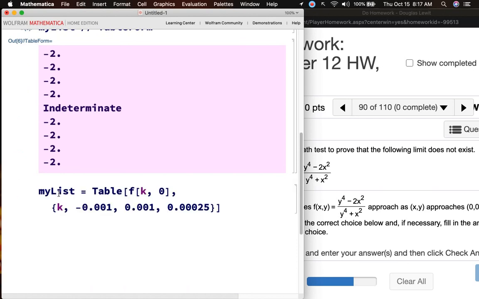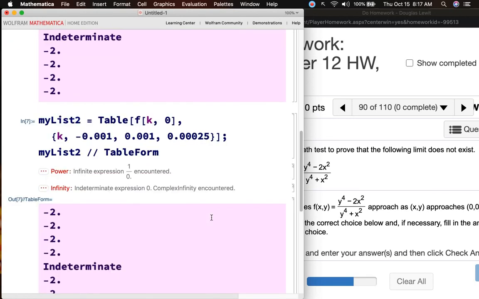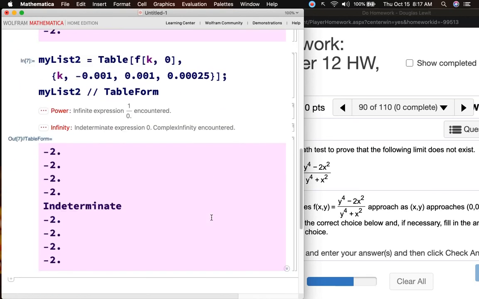I'll call this my list 2, in table form. That's good enough. And again, we're getting a warning message because you're not allowed to divide by 0. I'm sorry, this is this time.